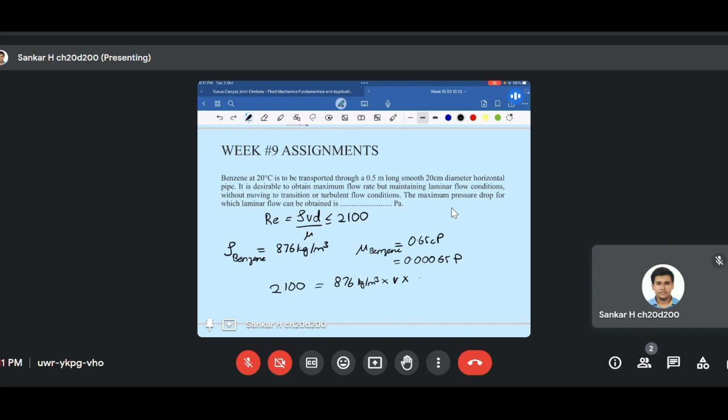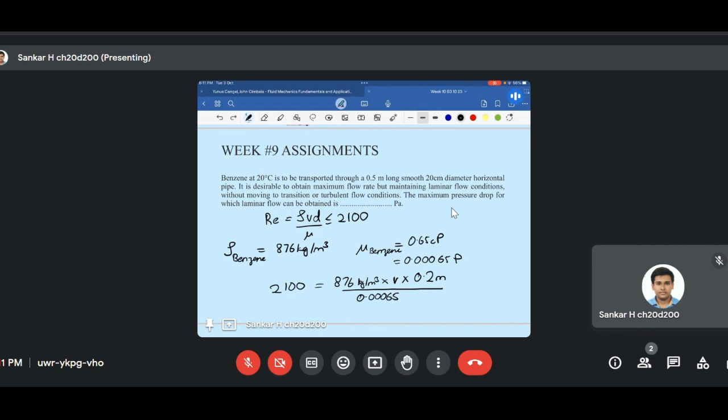The diameter of the pipe is 20 centimeter, which is 0.2 meter, and the viscosity of benzene is 0.00065.